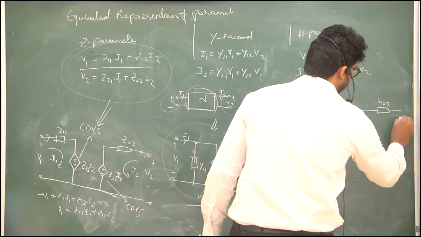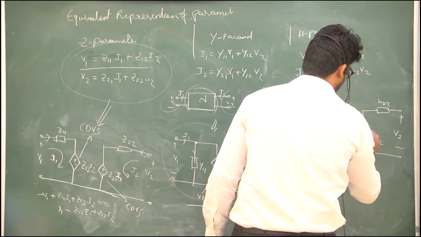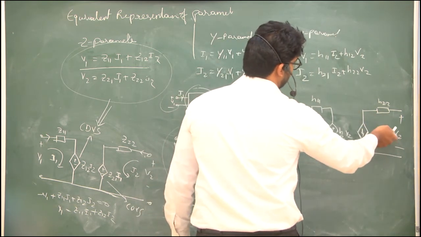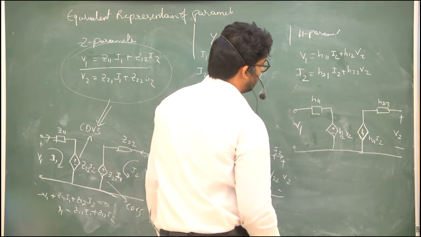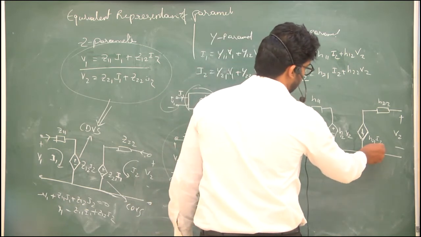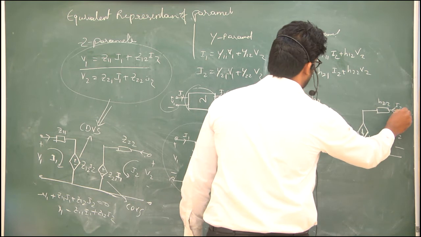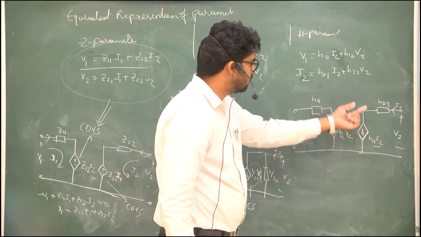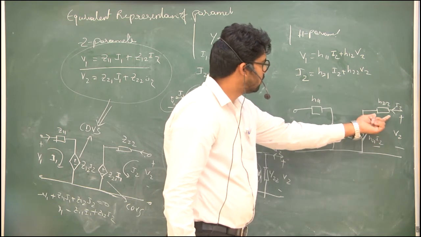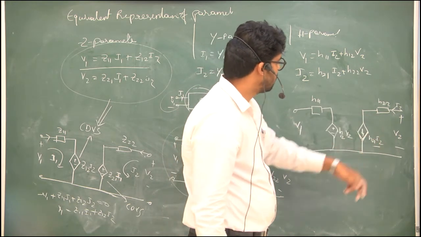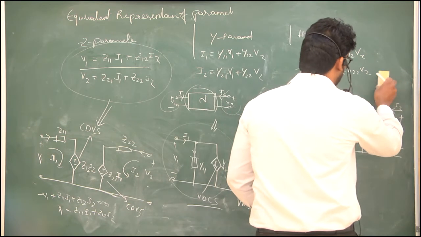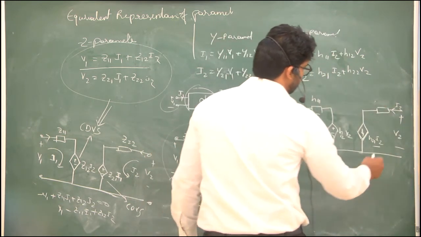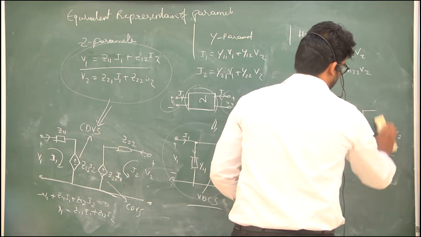This is V2. I2 equals h22 V2 plus h21 I1. How will we represent this? In a parallel branch.